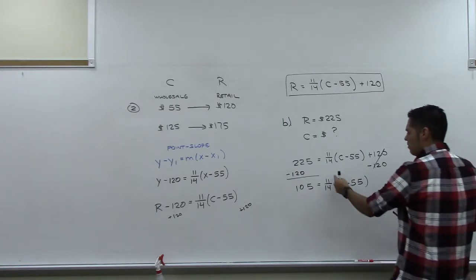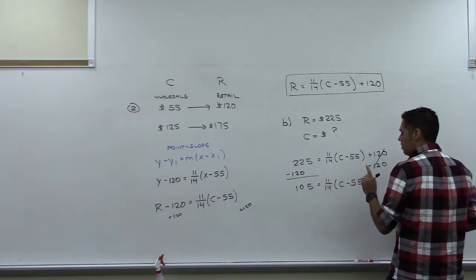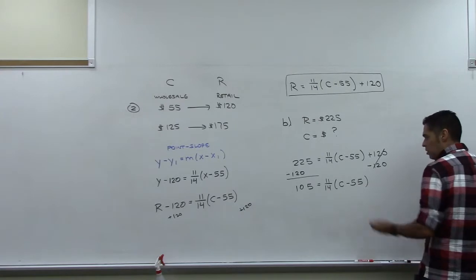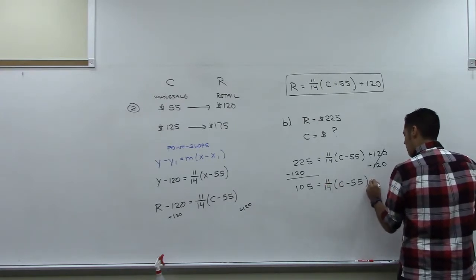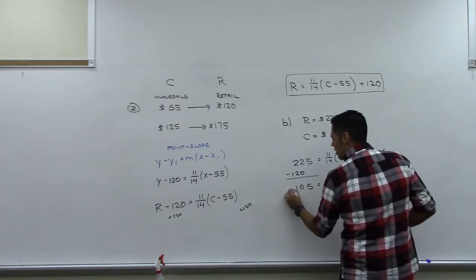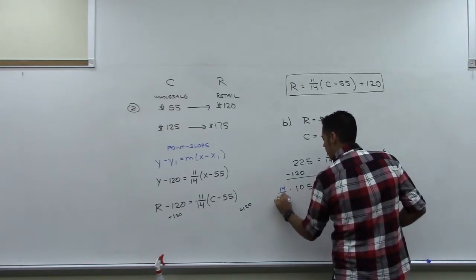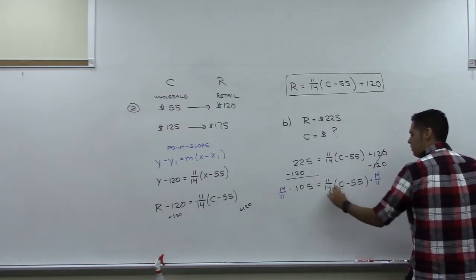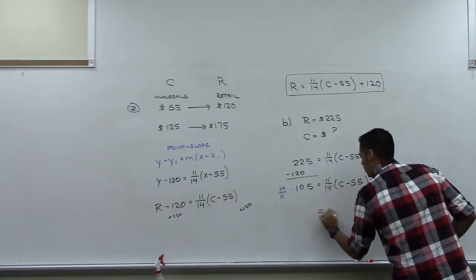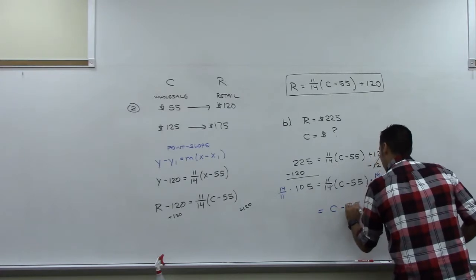I'm not going to distribute this through. I could, but what I'm going to do instead is multiply both sides of this equation by the reciprocal. I'm going to multiply by 14 over 11 here and multiply this side by 14 over 11. And so what happens here is the 14s and 11s cancel, and basically the right side of this equation now is just C minus 55, which is nice.